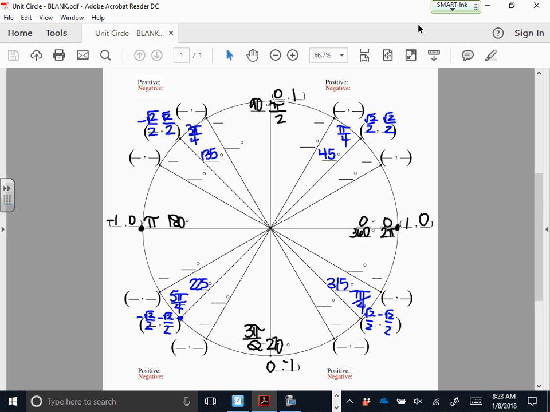Okay? Now in this case, x's and y's do have the same value. That's nice, and that'll help you to remember it a little bit easier also. But notice as we move from quadrant to quadrant, the negatives and positives just change based on where we are in the coordinate plane.